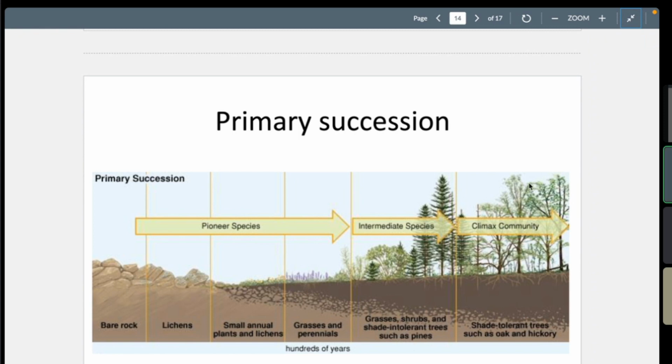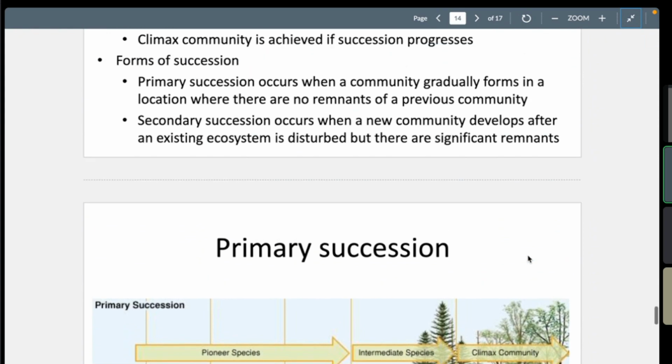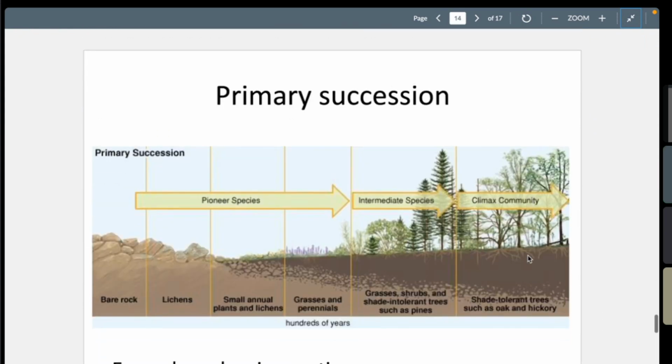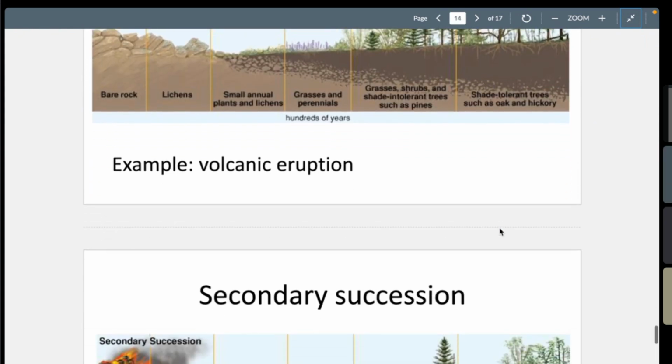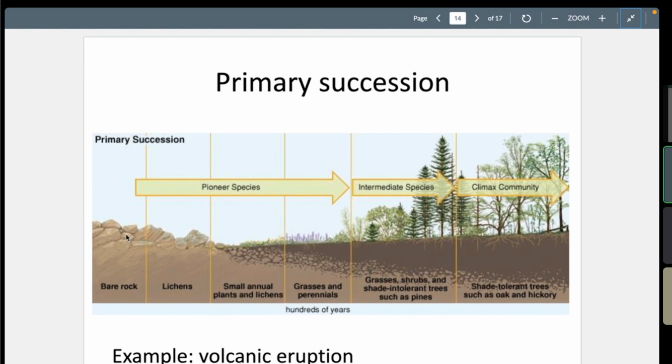And then we go into a climax community where shade-tolerant trees such as oak and hickory grow. Now we have an entire community of plants and also animals later on. This can be caused by, for example, a volcanic eruption, where you have bare rock where nothing's growing, nothing's living. That is where primary succession occurs, because we need a pioneer species that grows into a climax community.